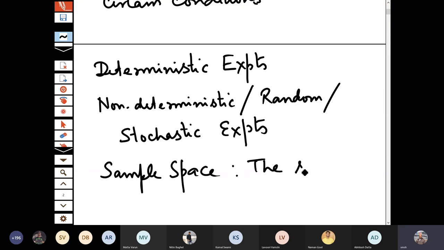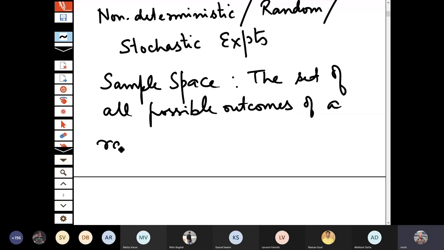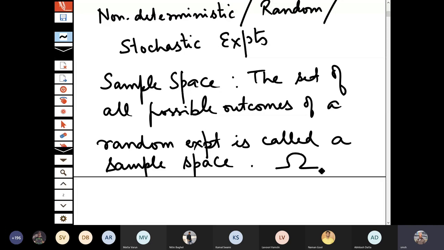The set of all possible outcomes of a random experiment is called the sample space, and we usually use the notation capital Omega or S, etc. These are the notations that are used for writing down a sample space.